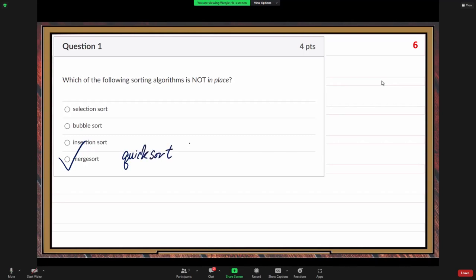For the quick sort, we know its partition step is in place, no problem. But the whole algorithm is not in place.